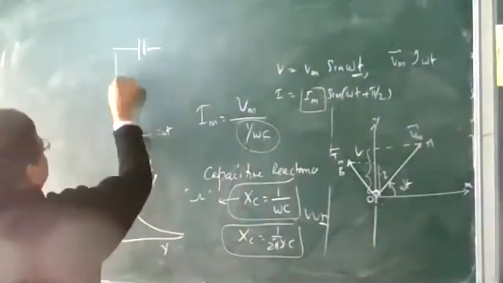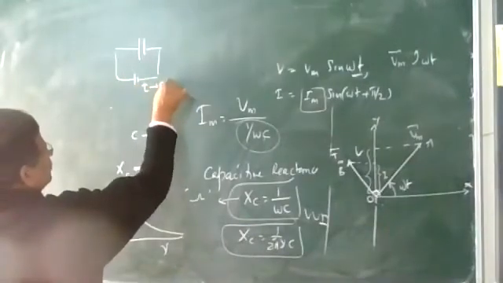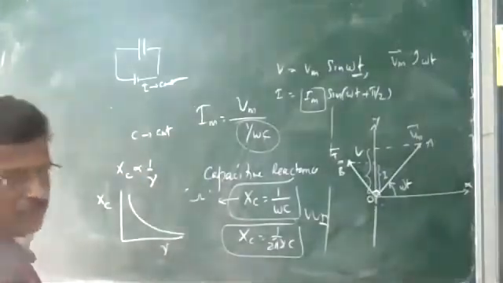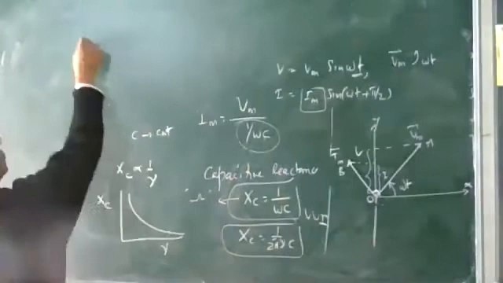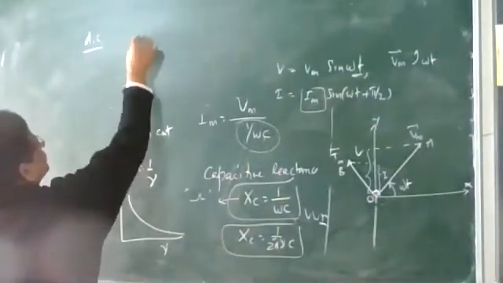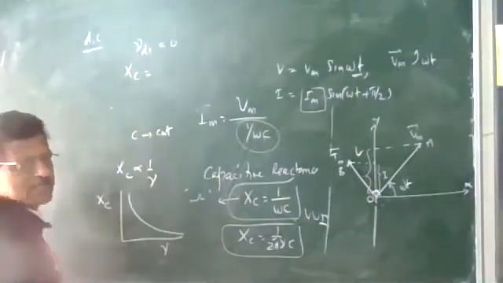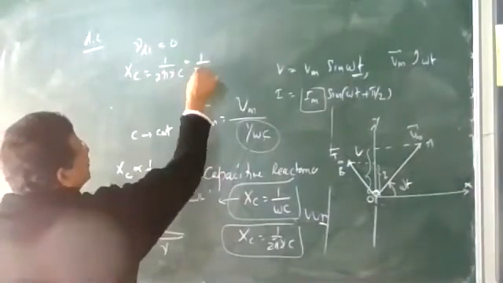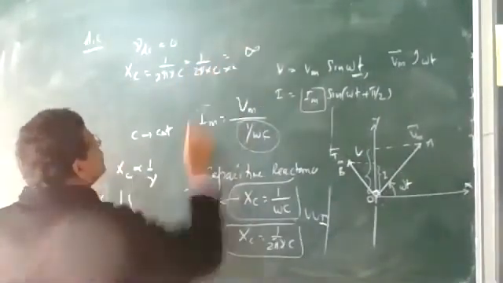The capacitor is connected in DC. What is the value for the capacitor for DC current? Frequency of DC is equal to 0. Resistance offered by the capacitor is 1 upon 2 pi nu into c, which is 1 upon 2 pi into 0 into c, which is infinity.